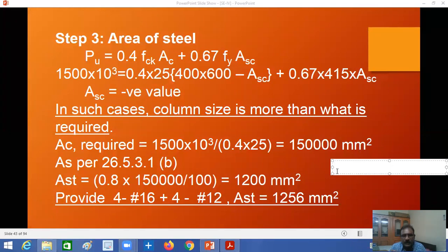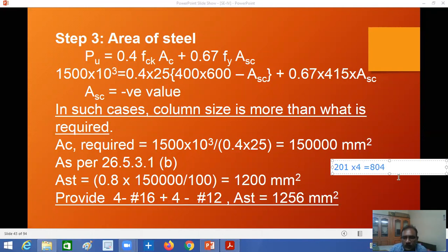For 16 mm you will get 201. 201 into 4 bars, approximately equal to 804, right?